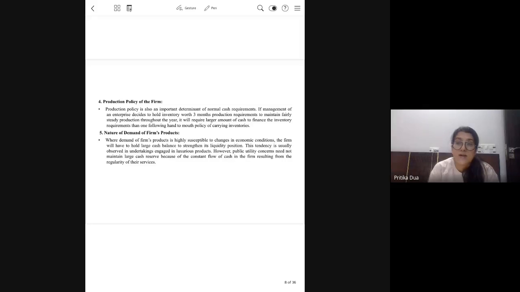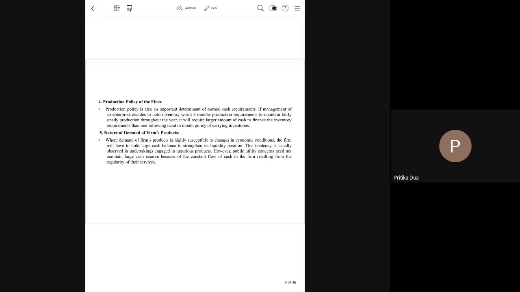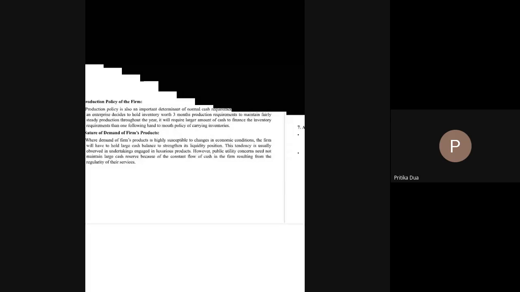Another example on the slide is that say you are in the business of producing and distributing luxurious products. Such products would require more investment as compared to service industry or public utility wherein the cash requirement will be low. After that, sales asset relationship.